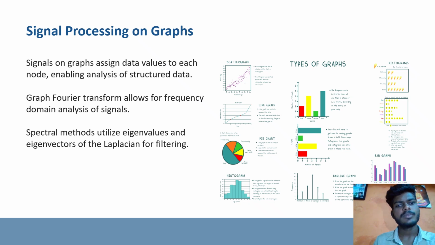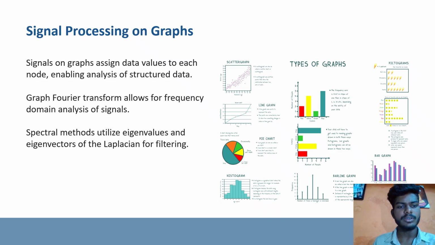Signal processing on graphs. Signals on graphs assign data values to each node, enabling analysis of structured data.